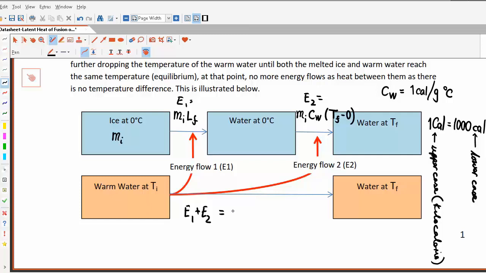And the energy lost by the warm water is going to equal the mass of the warm water, which I will give the symbol M sub W, multiplied by the heat capacity of water. As we want the energy lost, we're going to subtract from the initial temperature the final temperature. This equation, if we substitute E1 and E2 with these values, will allow us to find the latent heat of fusion of ice.